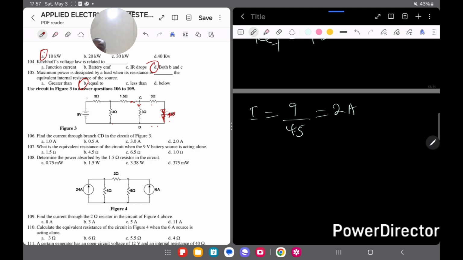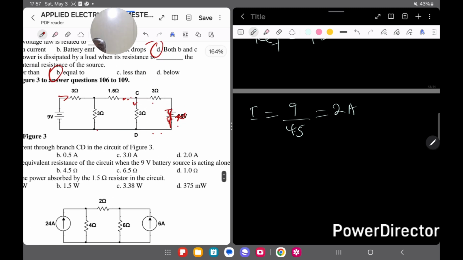So meaning this part here, you come and indicate. This is 2 amps rather. The current here is 2 amps. Now we are interested in the current which is passing through 3 ohms here. So once we've done this, there's what is going to be in parallel with the whole of this part here.